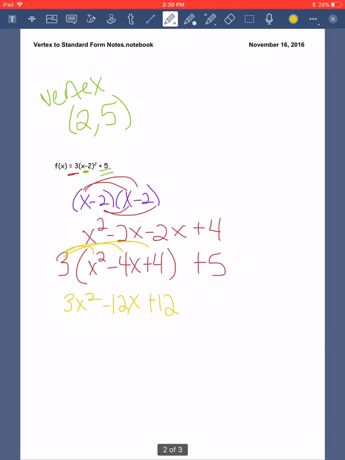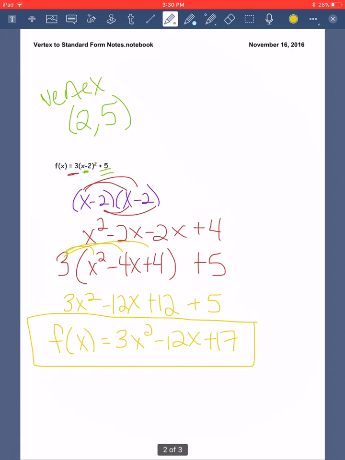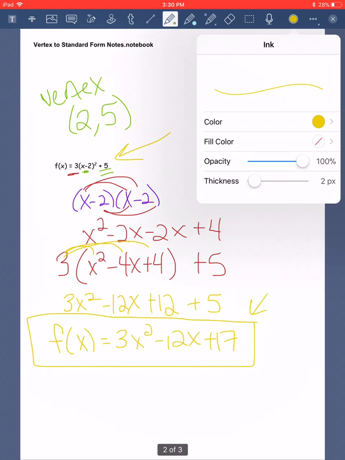The 5 isn't part of the parentheses, so it's just going to be plus 5 at the end. So we get that our new quadratic in standard form is f of x equals 3x squared minus 12x plus 17. So if I were to graph this quadratic and the vertex form quadratic, it's the exact same parabola.